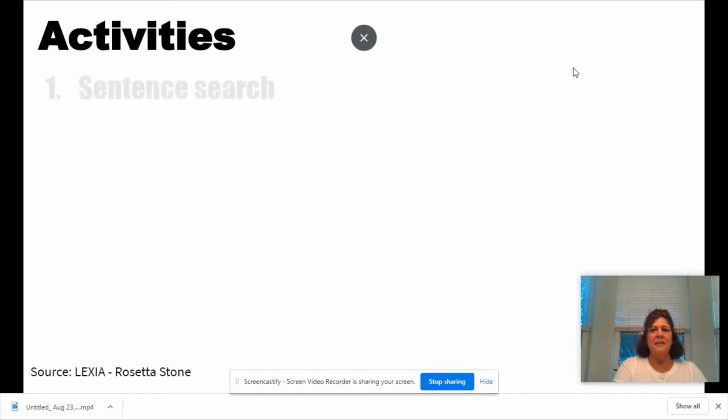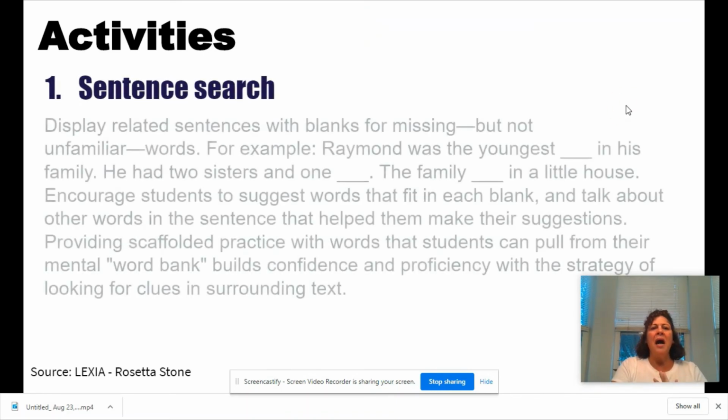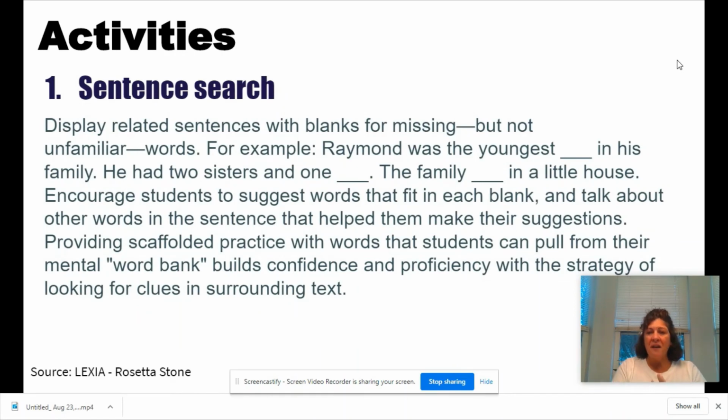So one of the main activities that I really like is, let's see, okay, here we go. Sentence search. So how does this work? Remember, you have the video, so you will have this there to help you out with that. But anyway, display related sentences with a blank for missing, but not unfamiliar, words. So there are some examples right here.